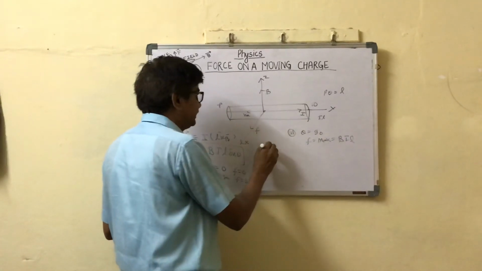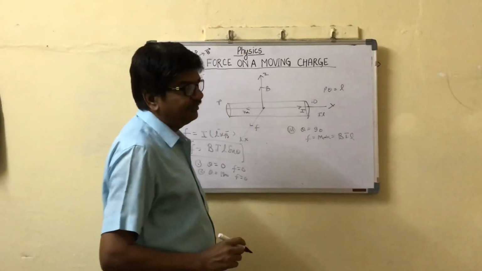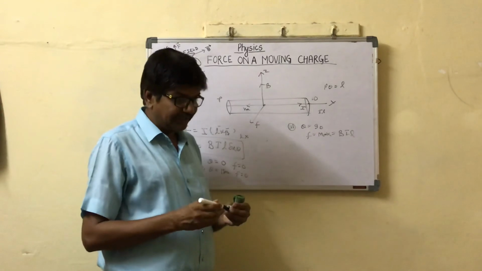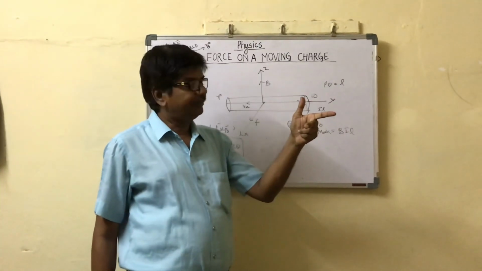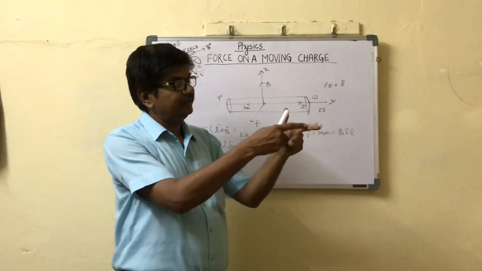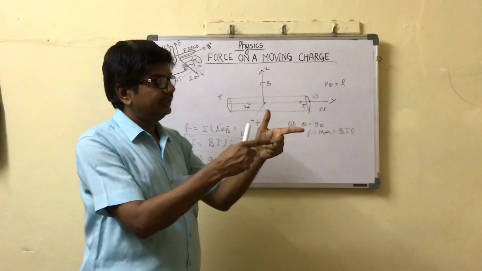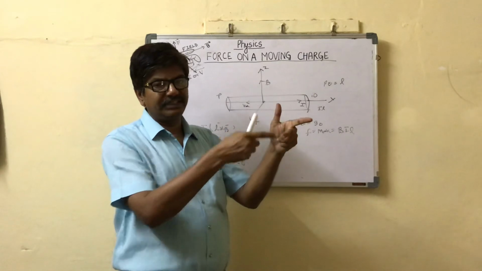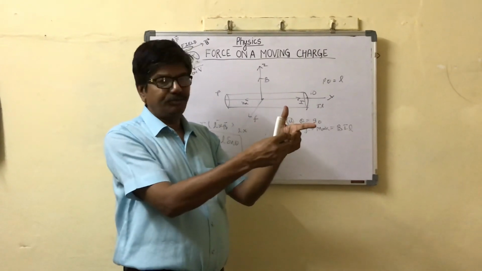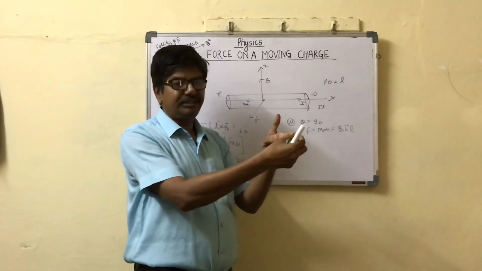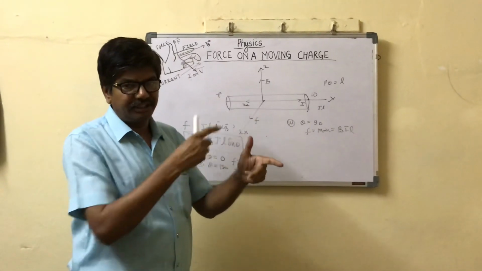The direction is given by Fleming's left hand rule. Fleming's left hand rule means stretch your left hand in such a way that the thumb, forefinger and center finger are mutually perpendicular to each other, representing force, magnetic field and current.